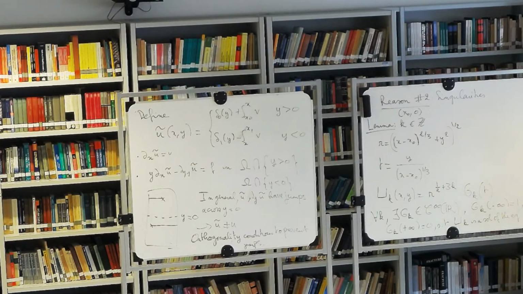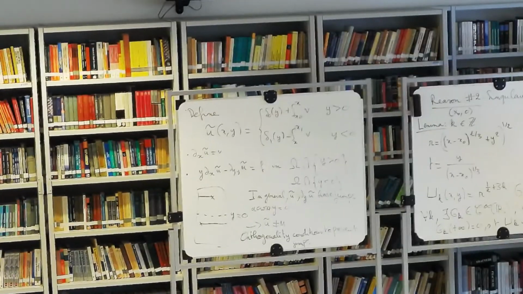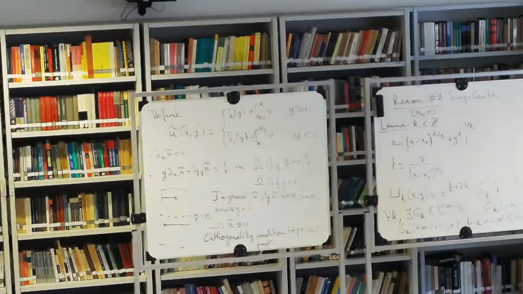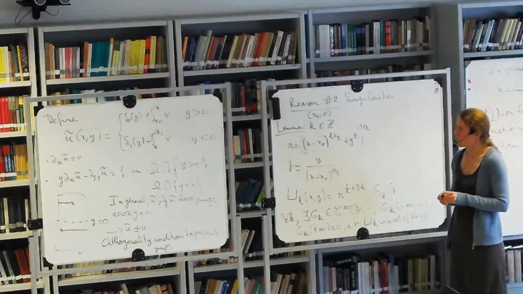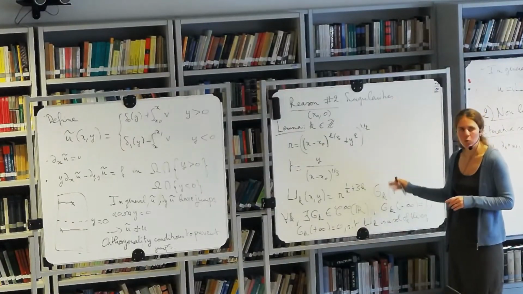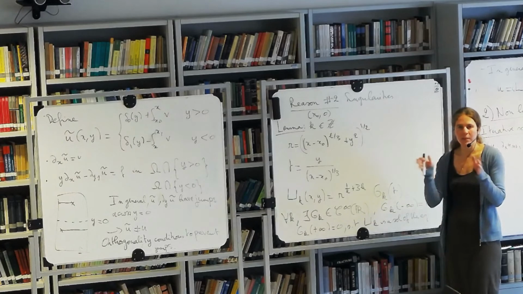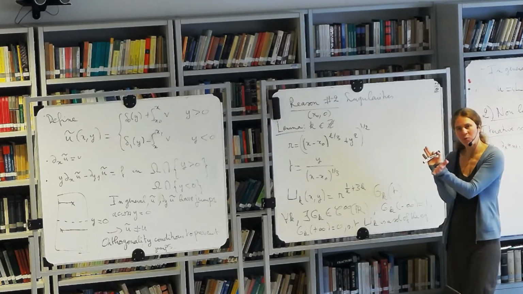Okay, so several things. I didn't mention this because I'm not sure it is a community with which you are very familiar, but this is very similar to what happens when you look at elliptic equations in domains with corners.